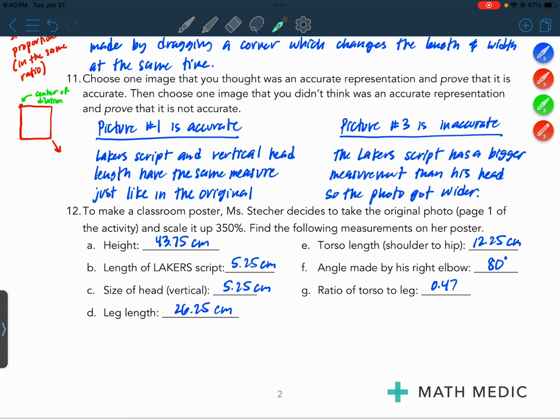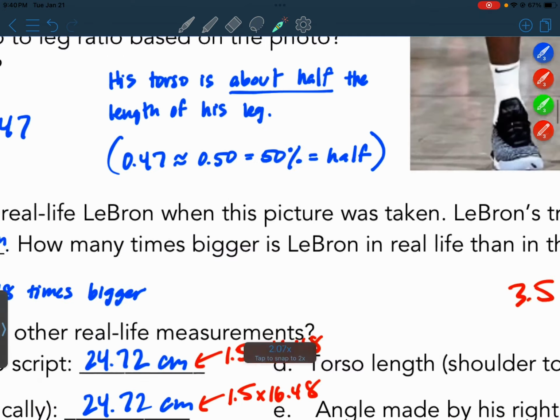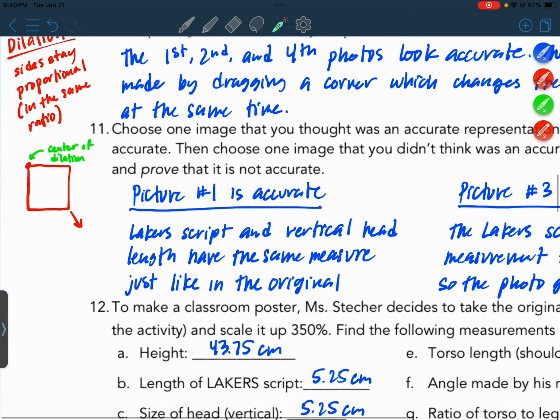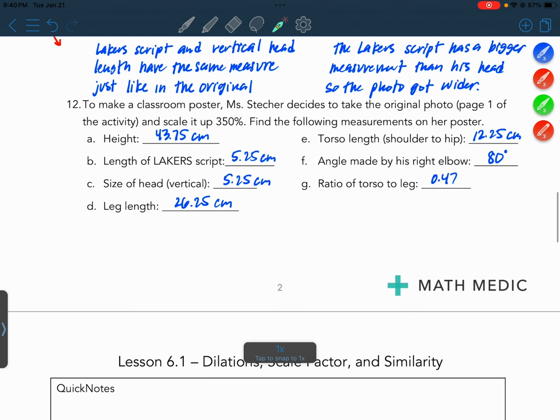All right. Our last question, number 12, is kind of a challenge question because we haven't really talked much about percentages. I think I might have mentioned it very briefly, when I said 0.47 was close to 0.50, which would be 50%. So here we have a percentage.